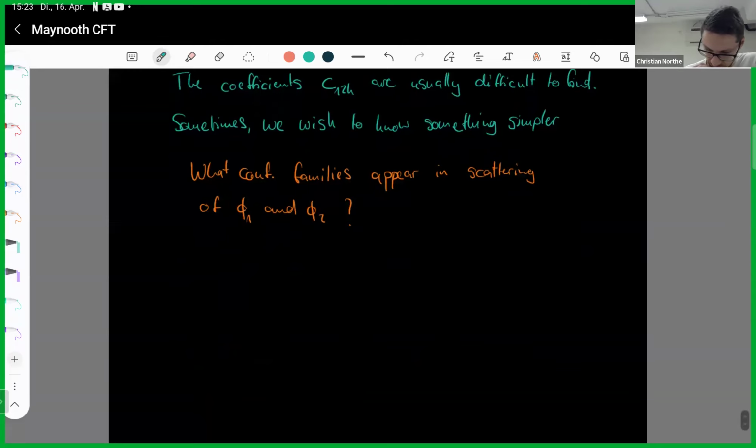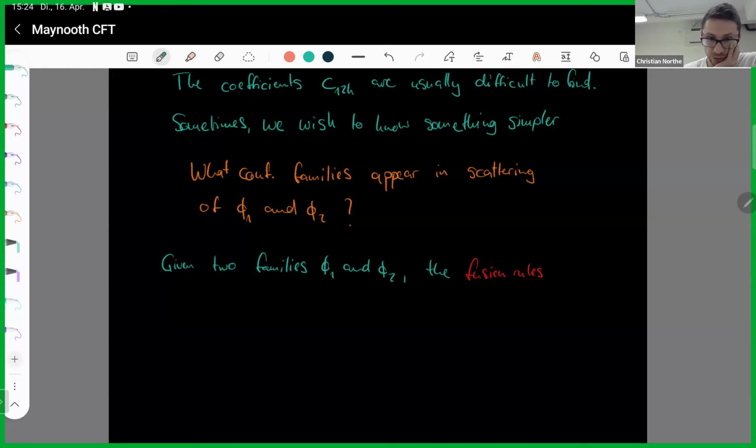So let's make this a full sentence. Given two families phi1 and phi2, the fusion rules encode which conformal families appear in their OPE, and here OPE stands for operator product expansion.